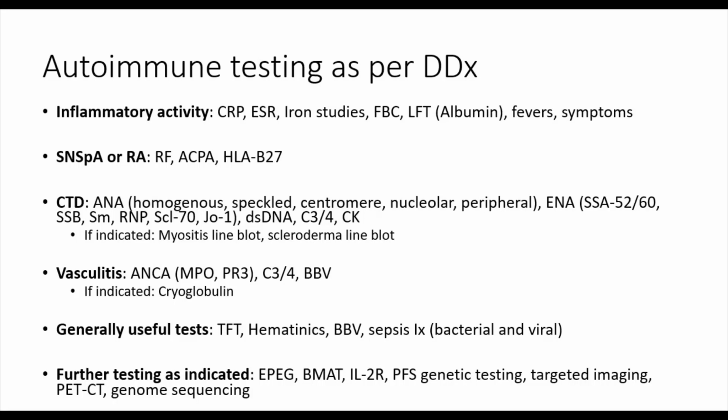In contrast, a normal or relatively small elevation in the neutrophil lymphocyte ratio would be more in keeping with an underlying autoimmune disorder such as an autoimmune arthritis or connective tissue disease. Looking at the eosinophil count can also be useful to help clarify the diagnosis of eosinophilic granulomatosis with polyangiitis.